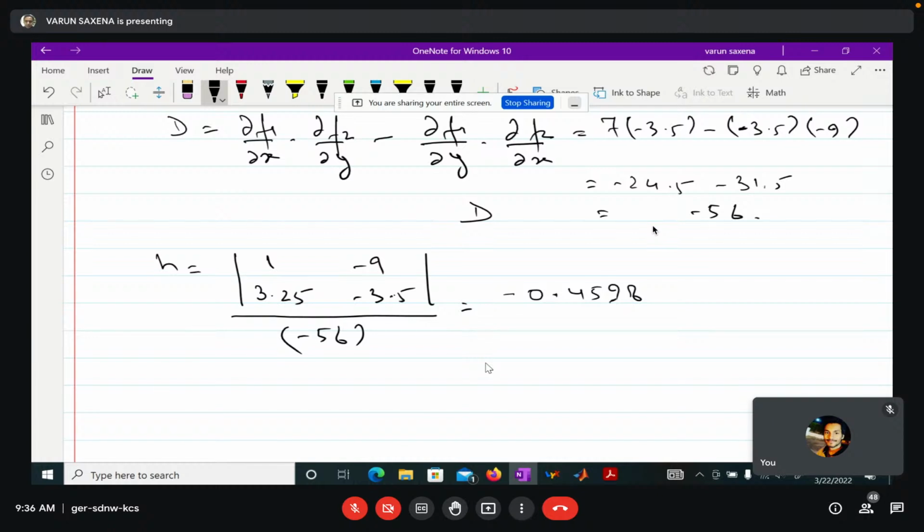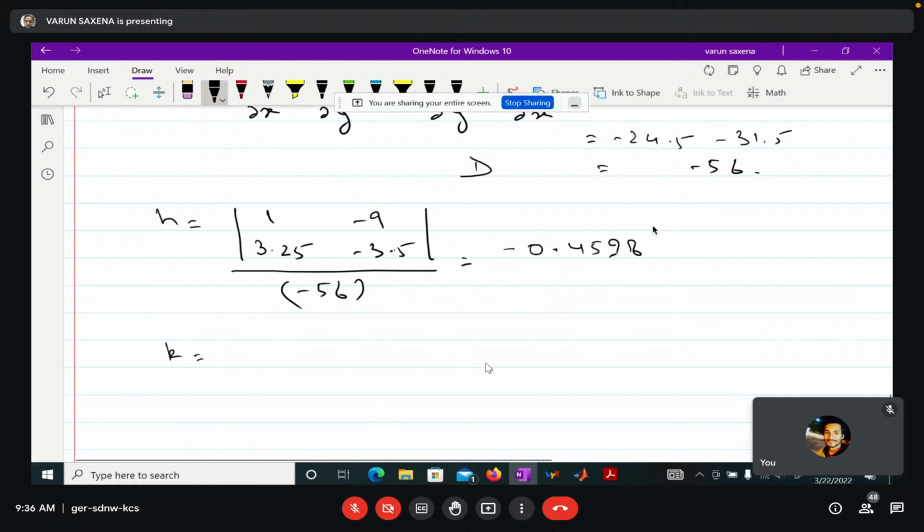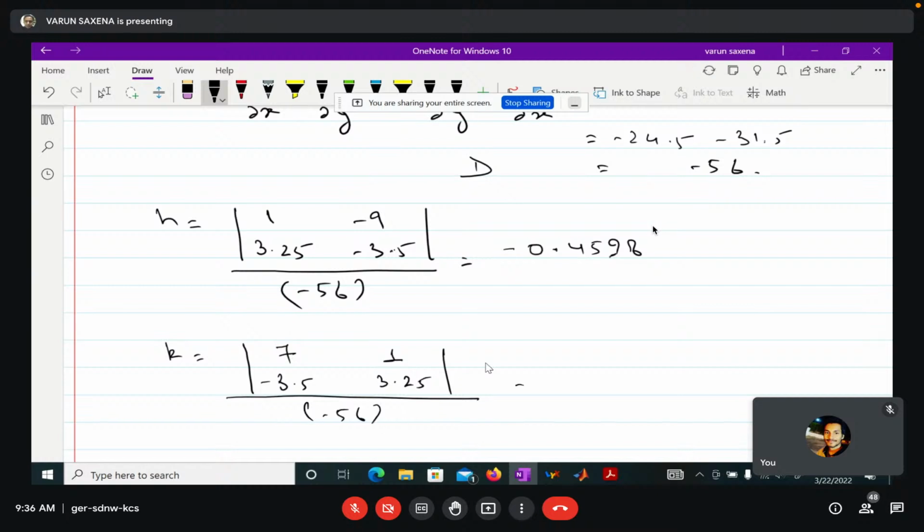Your H, and then based on the formula that I had written for K, you will get 7 minus 2.5 into 2.25, divided by minus 56. If you do this, you will get minus 0.48.